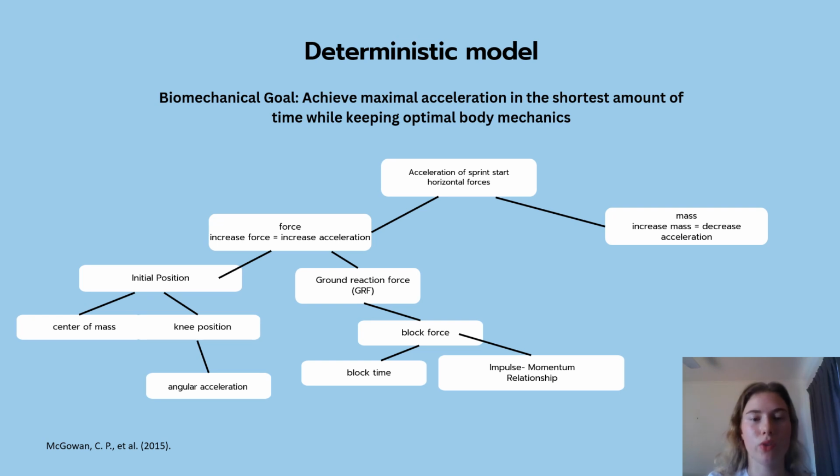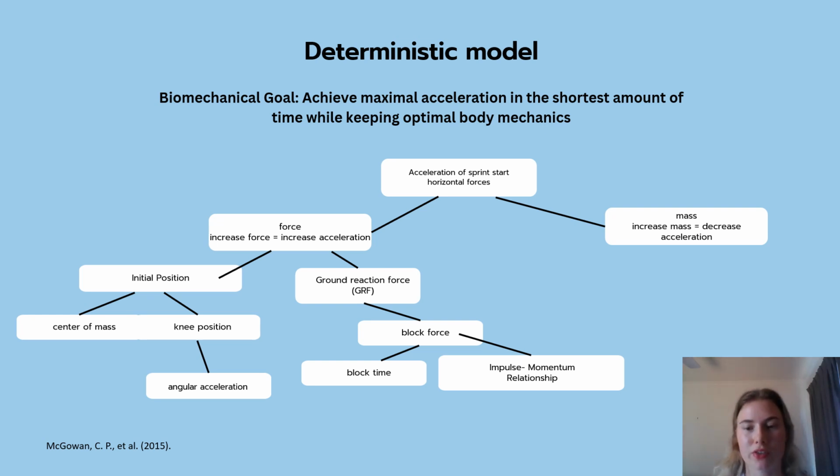Then focusing on force, that's divided by the initial position and ground reaction force, where the initial position includes the block setup, in which the angle of the blocks and the position are crucial, and athletes often adjust their block setting based on their mechanics and their preferred starting position.